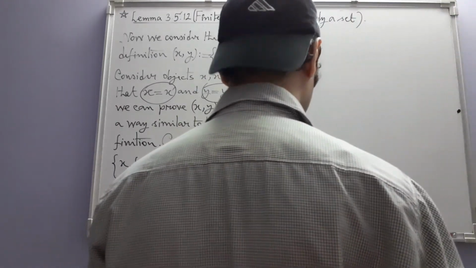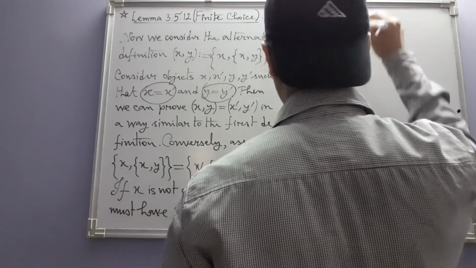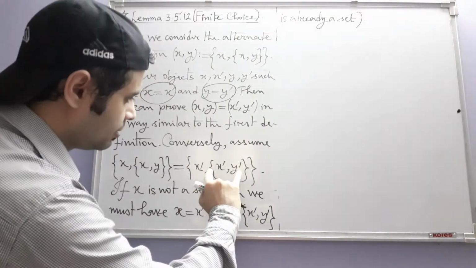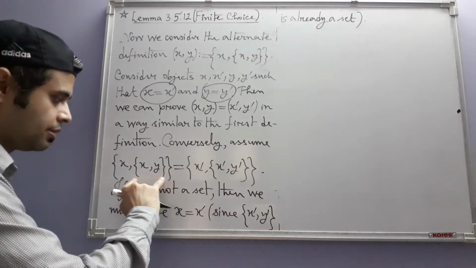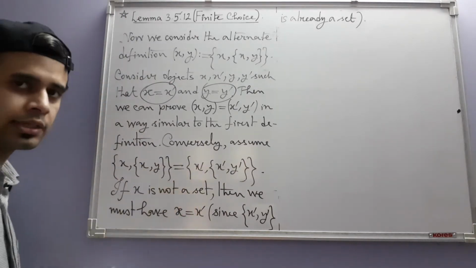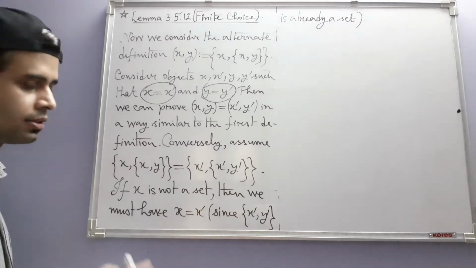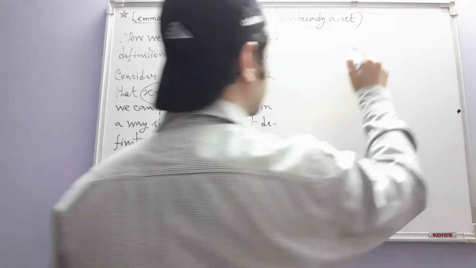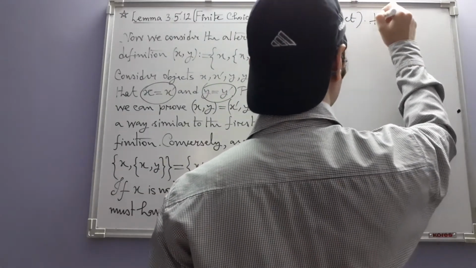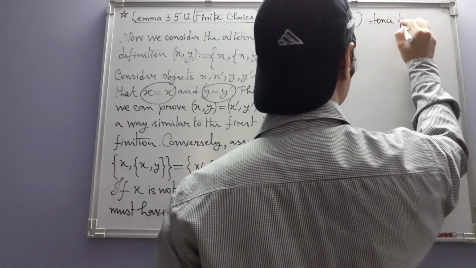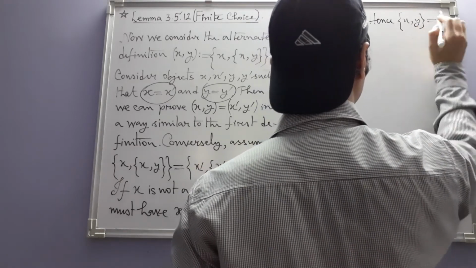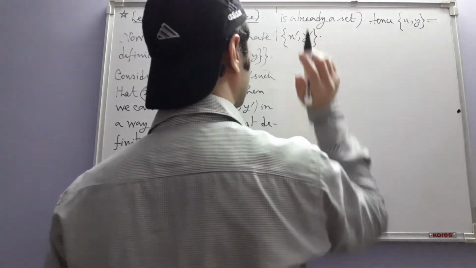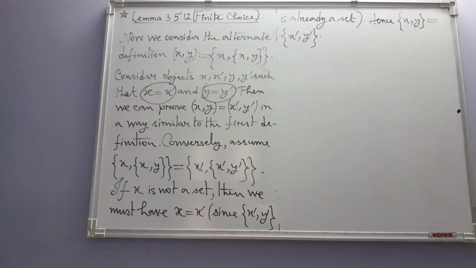And because of that same thing, we also get the fact that this set is equal to this set, because these two are not sets and these two are sets. So equality is obvious, I mean, individual equalities. Hence we also have this.